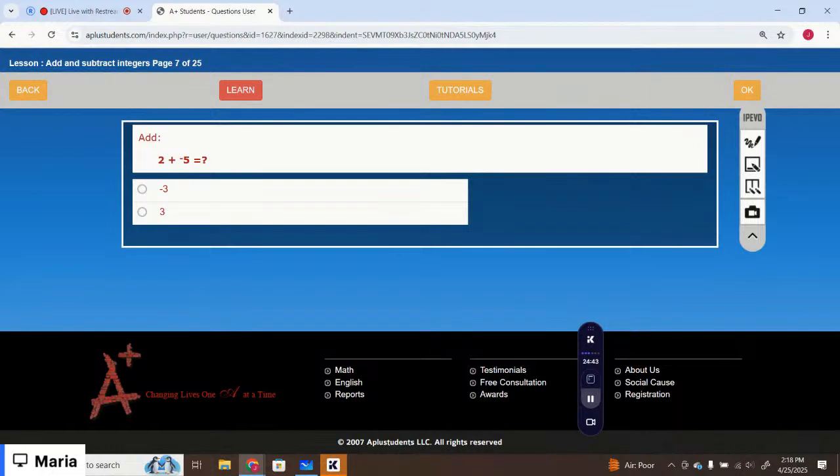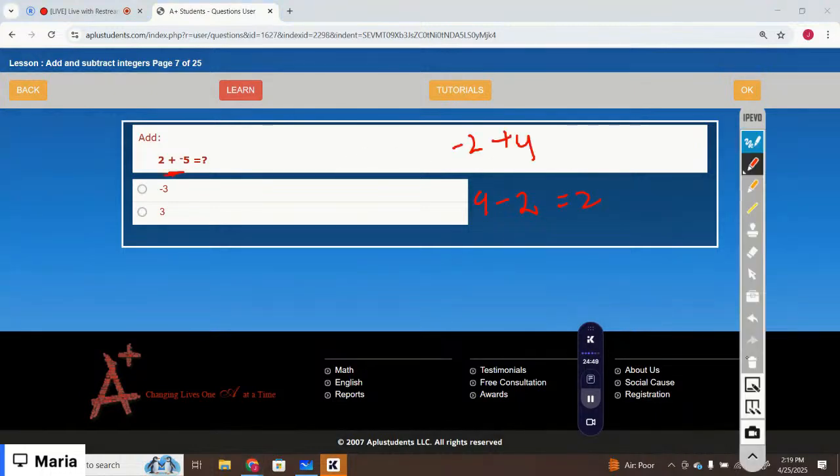2 plus -5. Adding a negative integer is same as subtracting. 2 minus 5 is -3.